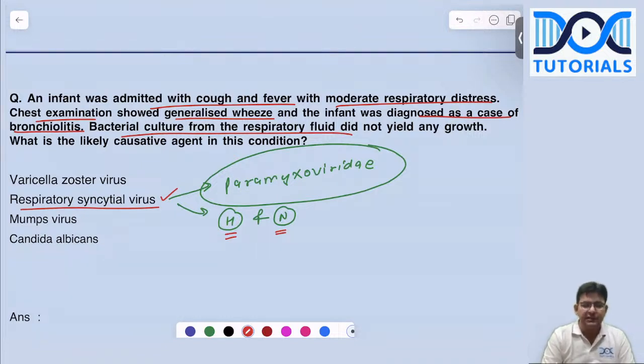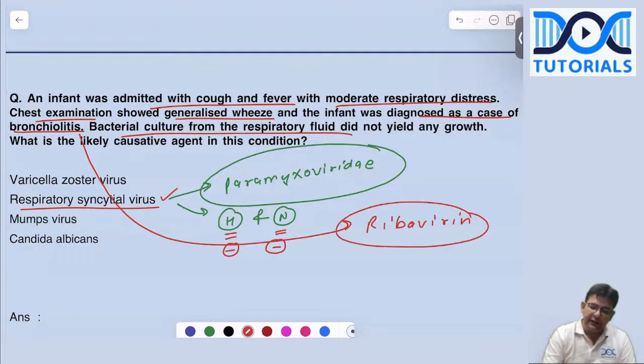Does this Paramyxoviridae family member have H and N? No, both are absent. Parainfluenza, which is in this paramyxo family, has both H and N. Mumps has both H and N. Measles only has H, it does not have N. That also needs to be remembered. And you are right, doctor, that palivizumab, this particular drug is being used for this, and the better treatment for bronchiolitis is ribavirin.